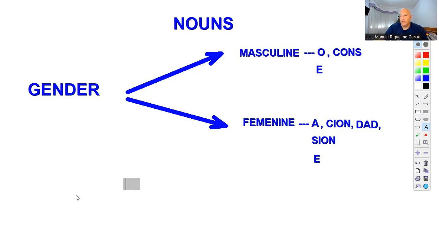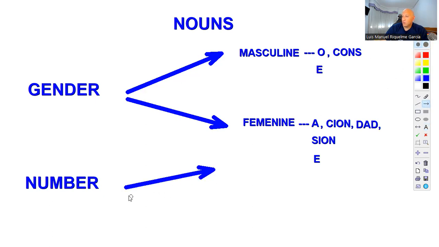Let's move on. Let's keep talking about nouns, but now instead of gender, let's talk about number. What's number? It's if a noun is single or plural. You have in your own language single and plural nouns, but probably we do it differently.